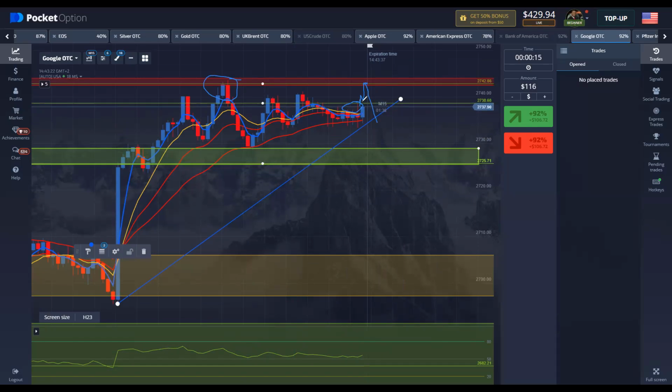Now, if price crosses over this line and pushes up, then I may do a 15-second before it hits the top here and then decides to change direction. That's the only reason I'll do that. If the price doesn't do that within the next candle, then I'm going to end this session since we made money. Be right back.